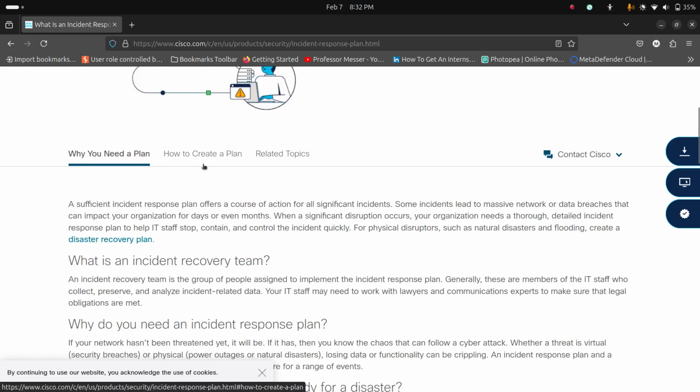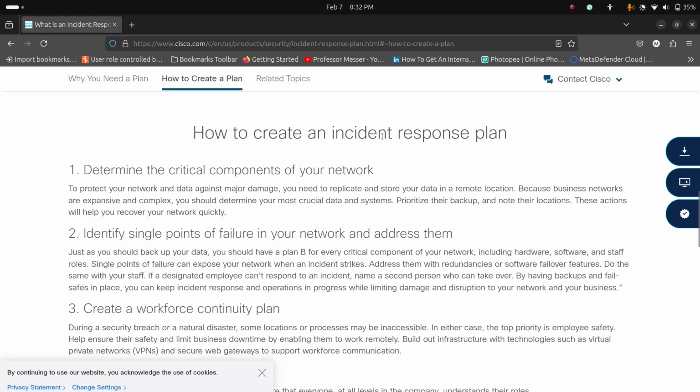Moving to the next tab on how to create an incident response plan. First thing is to determine the critical components of your network. In order to protect your network and data against major damage, you need to replicate and store your data in a remote location.